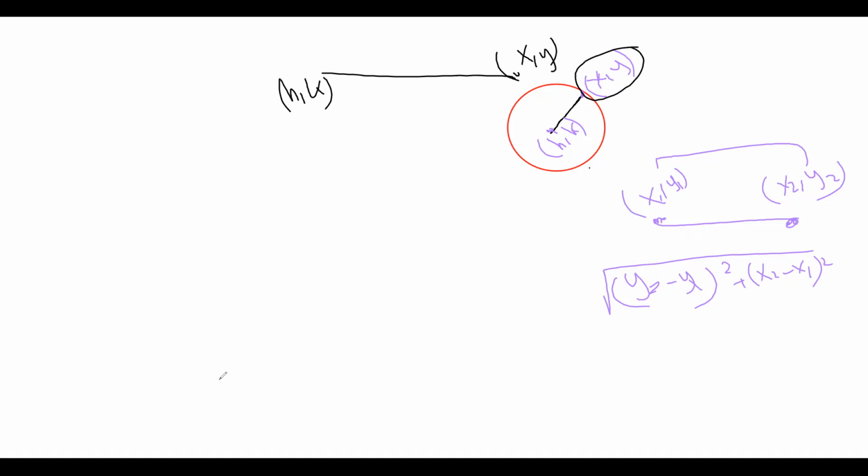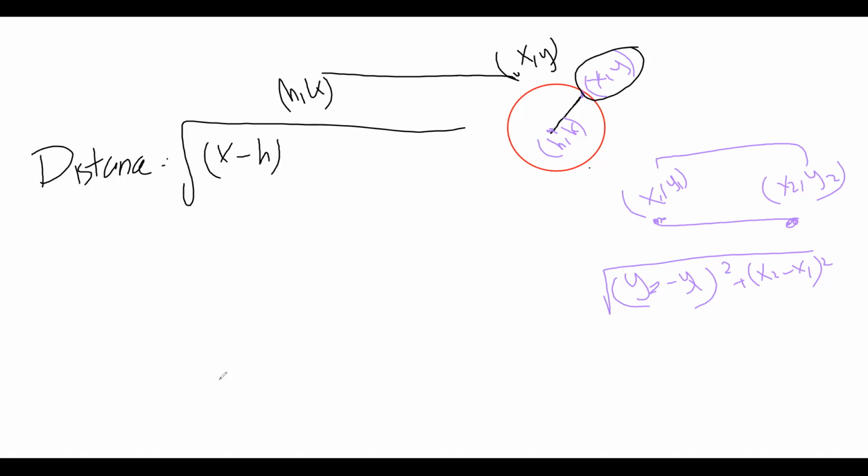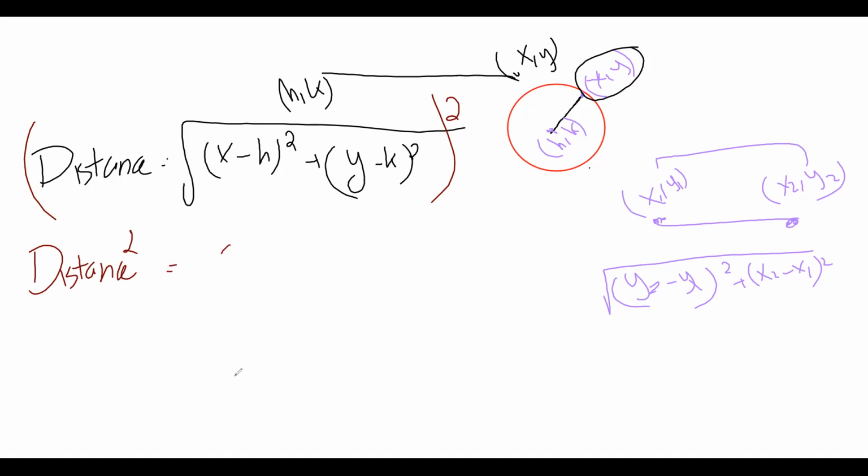If I want now to find the distance, I will say it is x minus h squared plus y minus k squared, under a square root. Is it right? Yes. Then let's square both sides. On the right, the square cancels the square root, so we have x minus h squared plus y minus k squared.